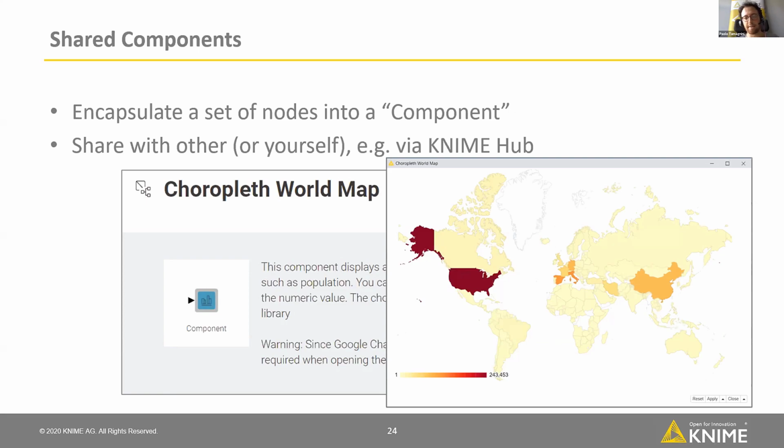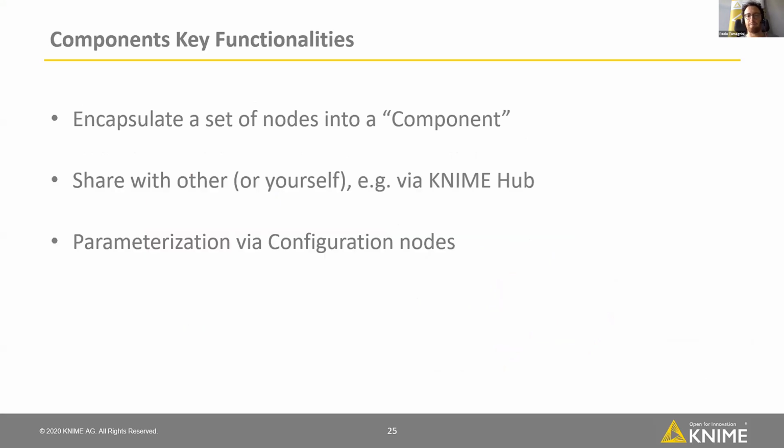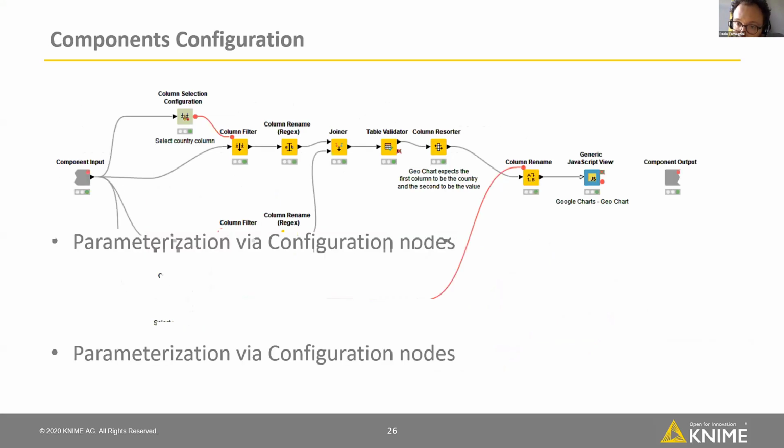This component is able to create a view using the Google GeoChart library, right? In fact, you can see inside that there is this JavaScript view. That's where the code is being used. But something else you would like to do is to use configuration nodes.